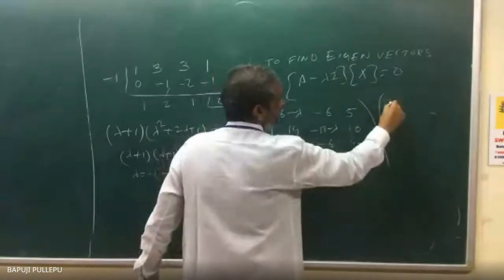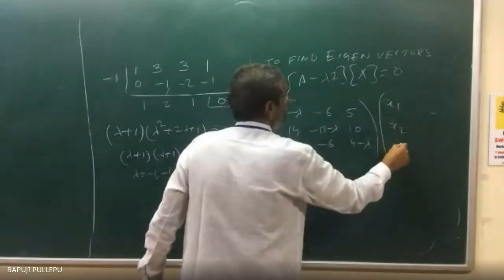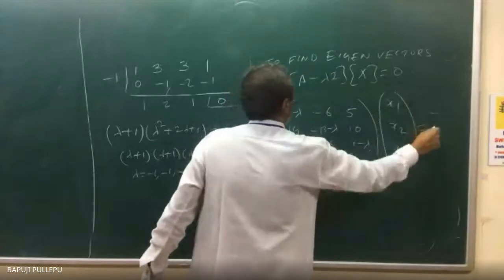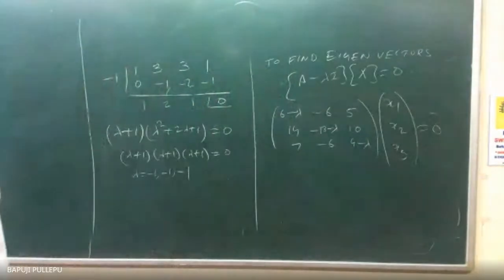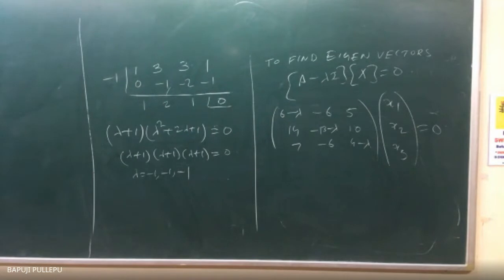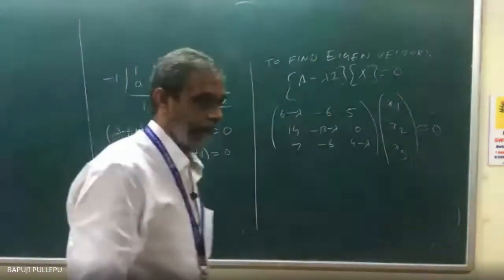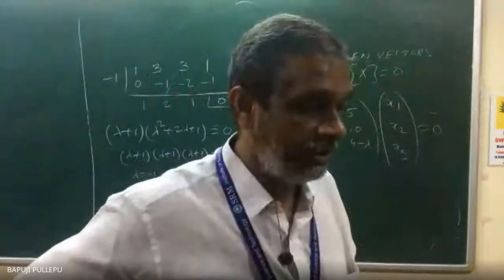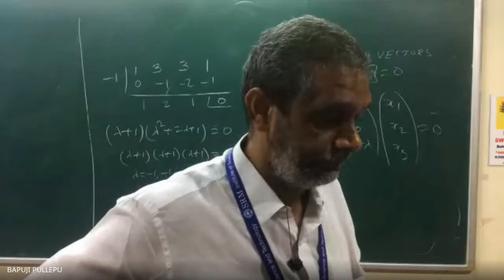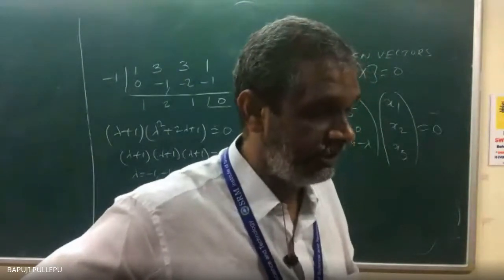Into this matrix, how can I write? X1, X2. Now, what is my lambda? Minus 1. Substitute lambda here. Put minus 1 in this equation.